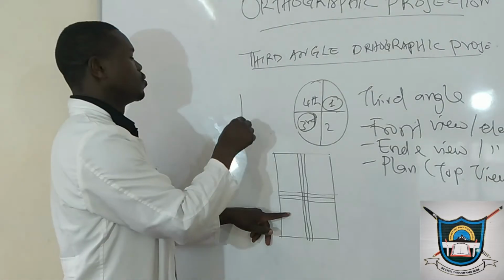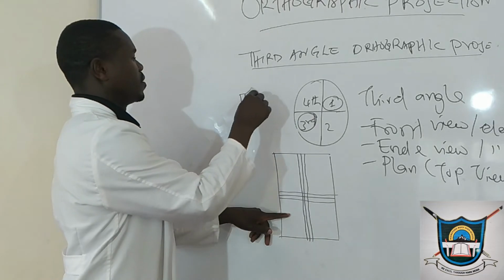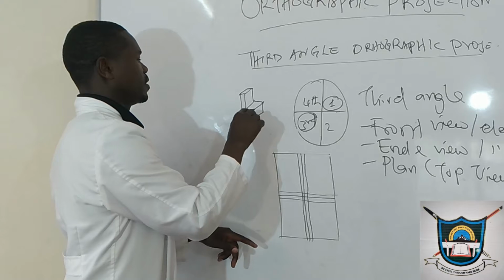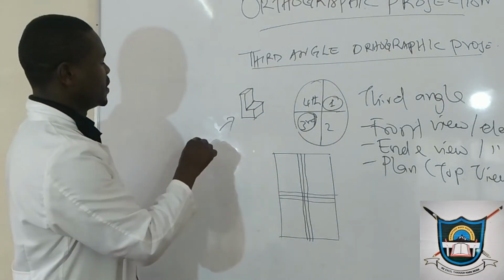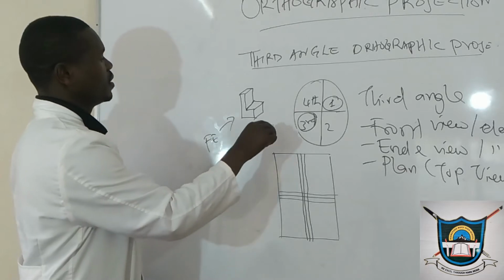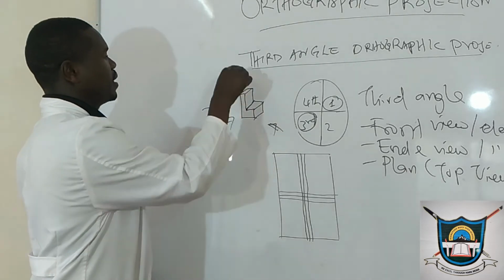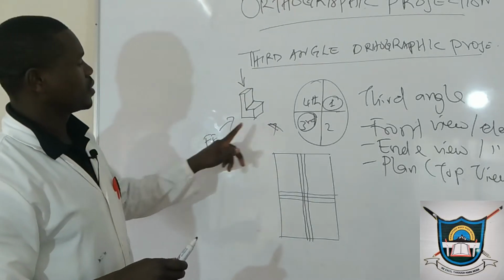We go back to the simple block we had drawn. That's the three-dimensional view, and this is our front elevation, and this will be our end, and that will be our top view.